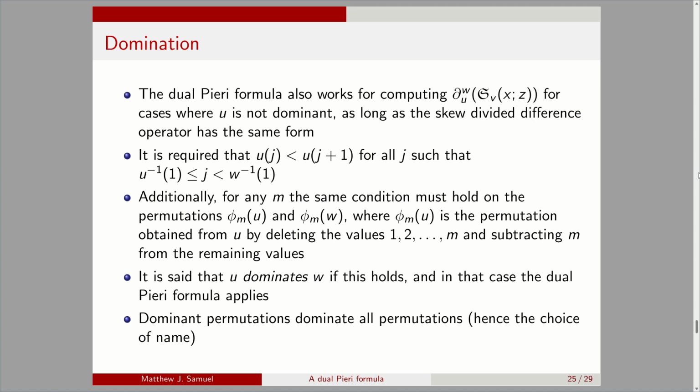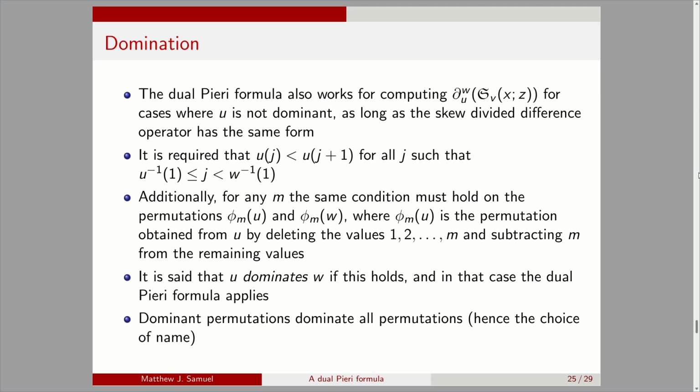So there are cases where u is not dominant, but this method still works because the skew divided difference operator has the same form. So the first condition is that uj must be less than uj plus 1 for all j such that u inverse of 1 is less than or equal to j is less than w inverse of 1.